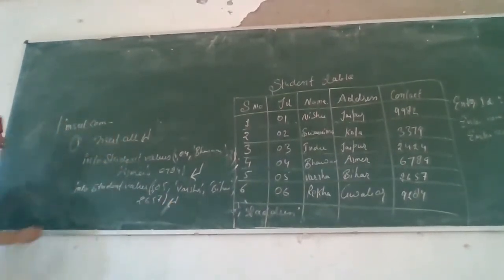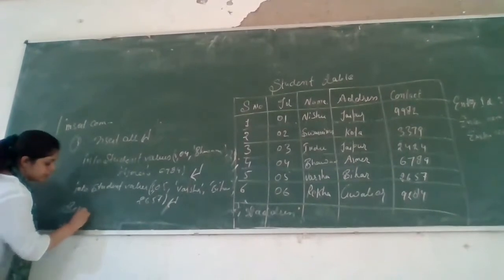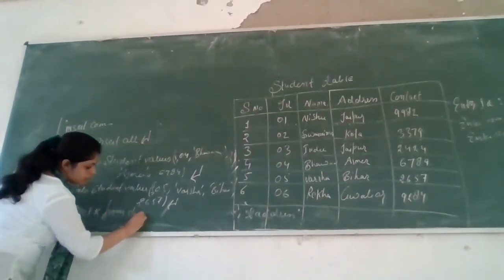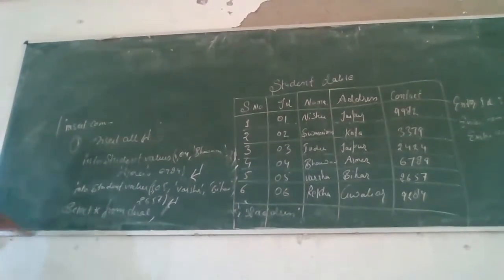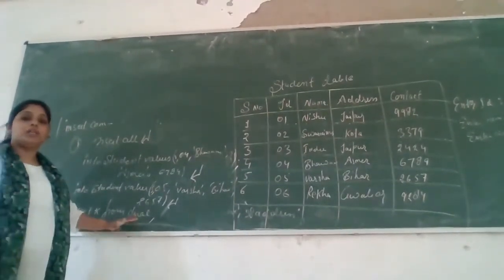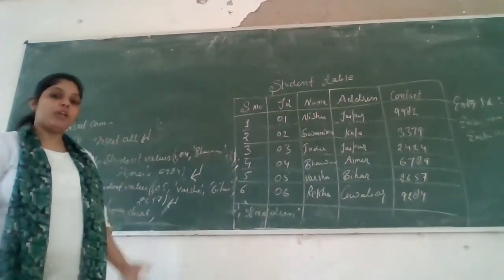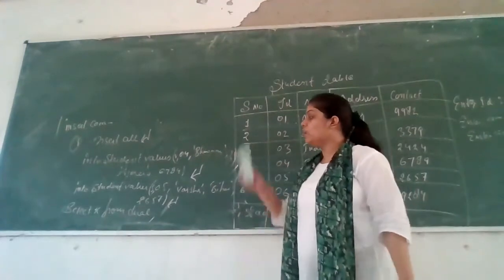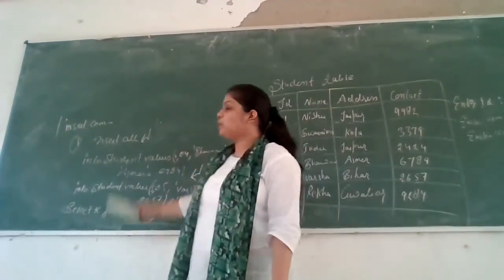After that, we use select asterisk from dual. Here we use dual. Dual means in the memory you store all your data in a particular table.